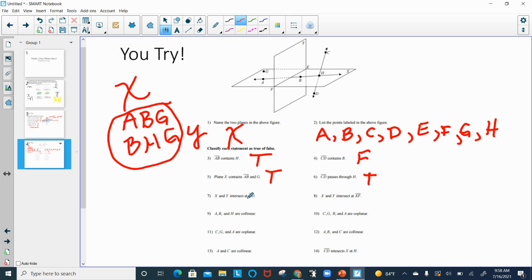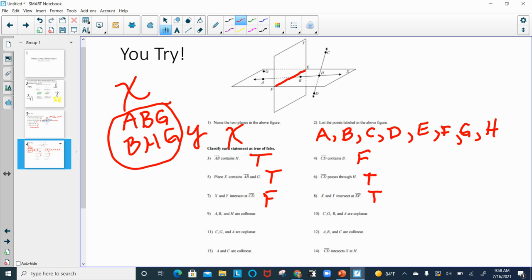X and Y intersect at CD. Well, here's X, here's Y, here's where they intersect. That's not true. They intersect at FE. X and Y intersect at EF. Yes, that's true. Are A, B, and H collinear?